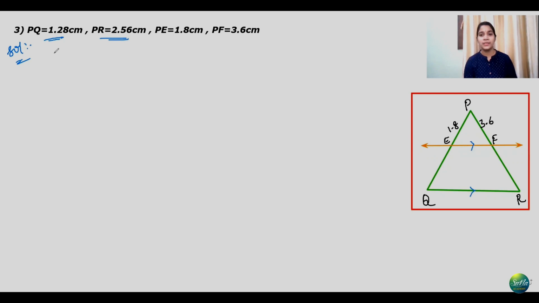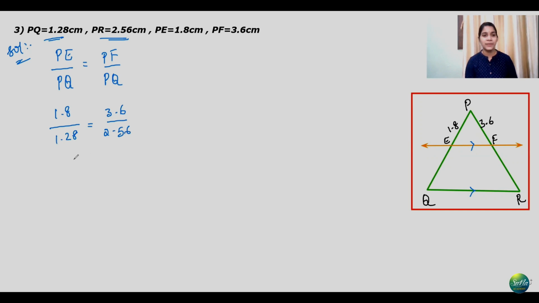By the basic proportionality theorem, we have one of its corollaries like this: PE by PQ is equal to PF by PR. So we have the values PE is equal to 1.8 and PQ is equal to 1.28, and PF is equal to 3.6 and PR is equal to 2.56.